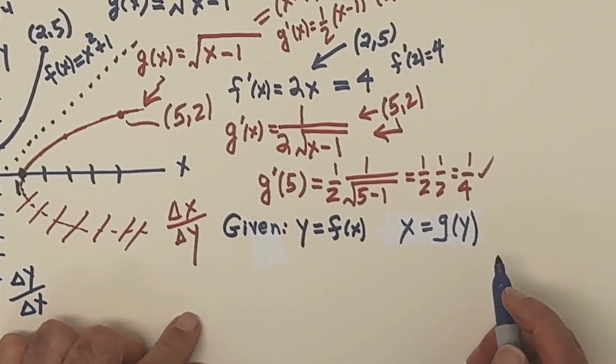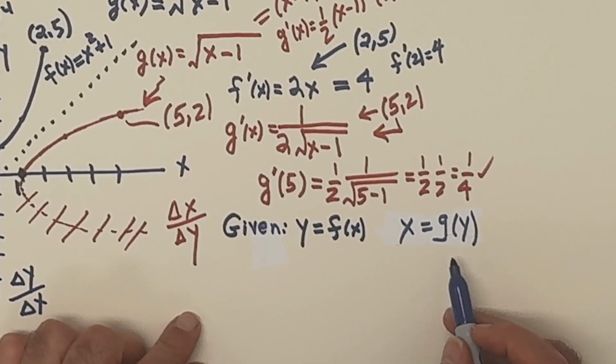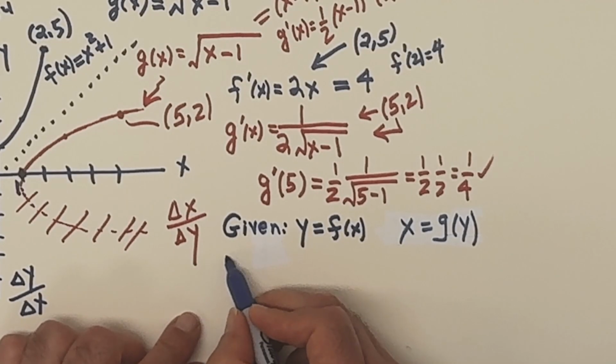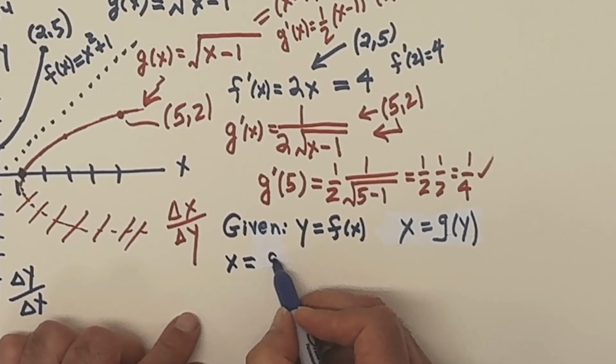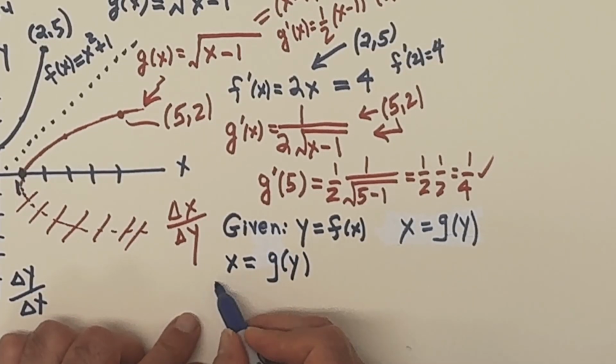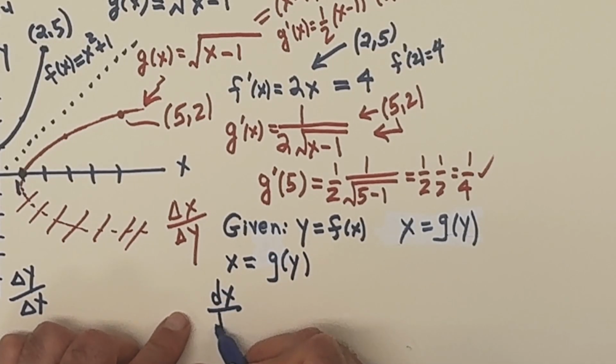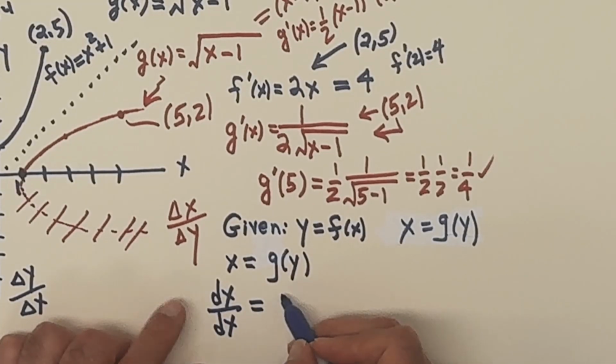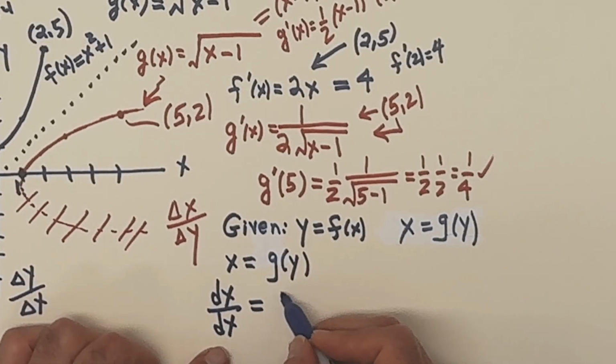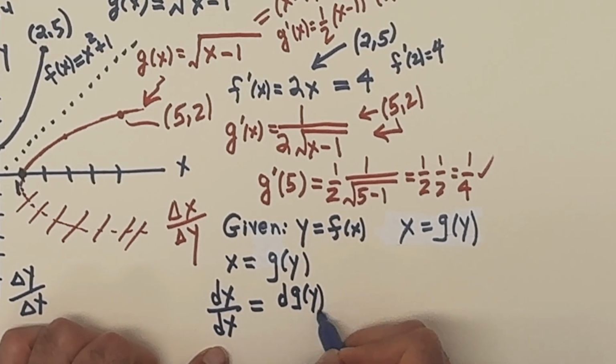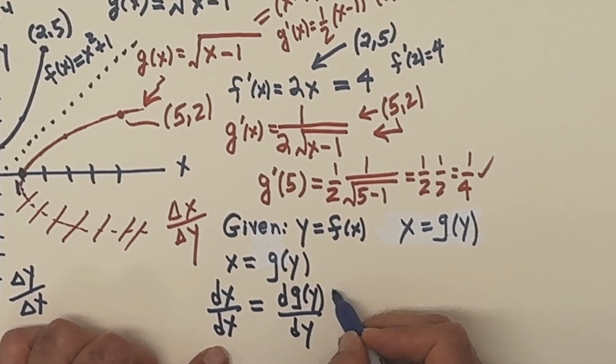So now I'm going to take the derivative of x with respect to x. The derivative of x with respect to x is going to be 1. And then I'm going to use the chain rule here: the derivative of g with respect to y, and then dy dx.